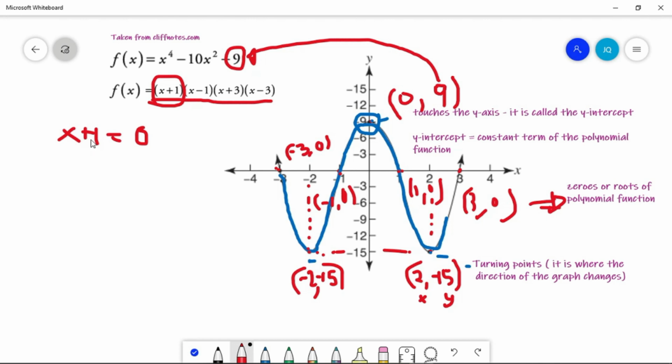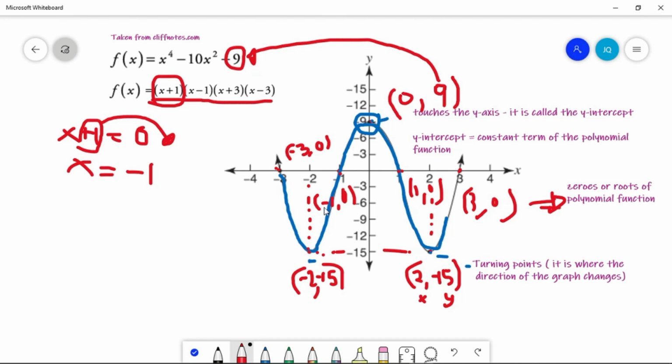So x + 1 = 0, and to get x, we have to transpose plus 1 to the other side so that x will be the remaining entity. If we transpose, we change the plus into minus, so it becomes minus 1.